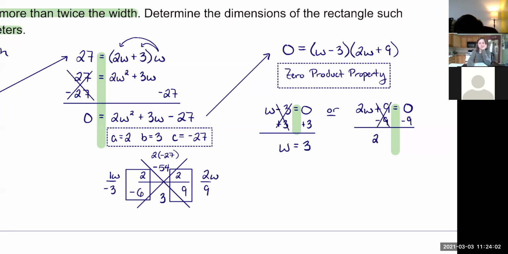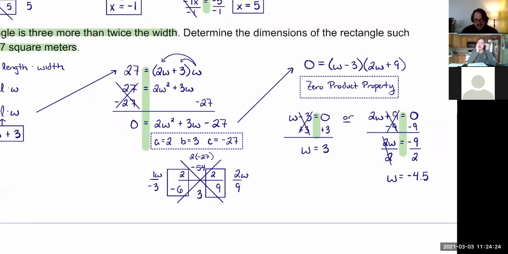I get 2w equals negative 9. And then what? Divide both sides by 2. And because we're dealing with measurements here, I'll go ahead and do that division. I think we get negative 4.5. That's what the calculator will tell us.